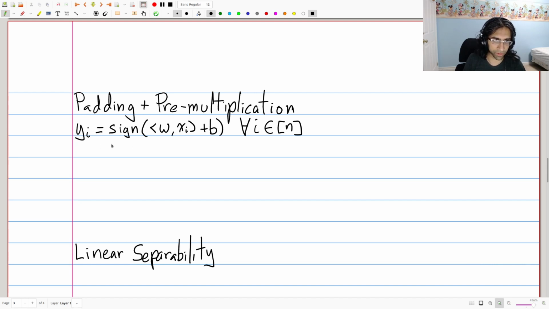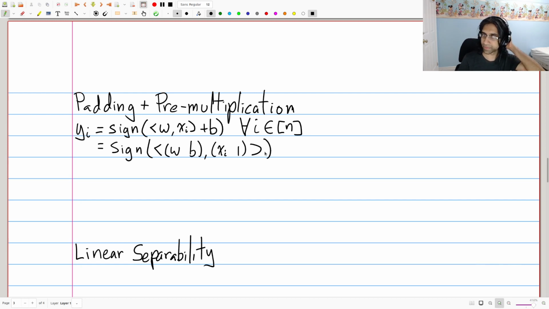This can equivalently be written as the inner product of (w, b) with x_i padded with a 1. So that's a simple trick that people do.